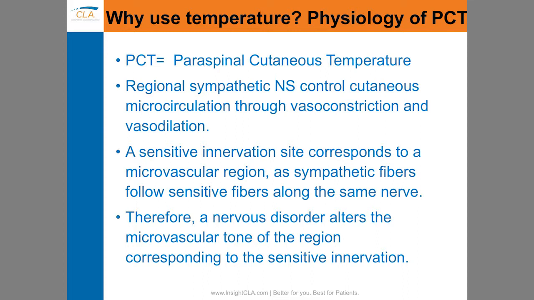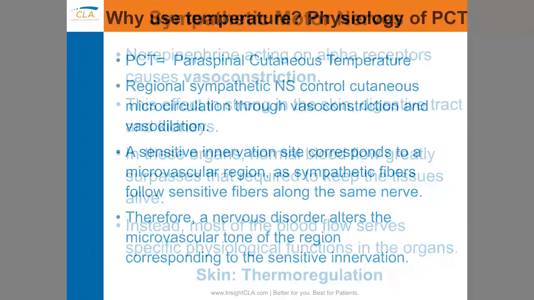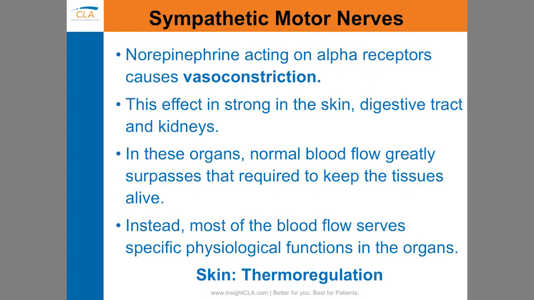What we're going to focus on primarily is the association of the entire functioning regional sympathetic motor nervous system from S1 through to C1 being in pattern or out of pattern. But you should understand that thermography can be used to localize different relationships, even associated with sensitive pain patterns.